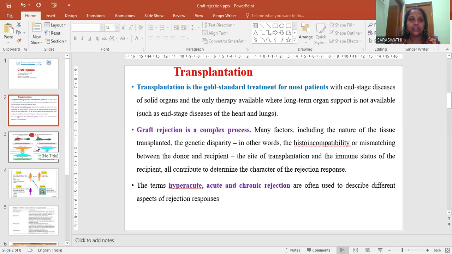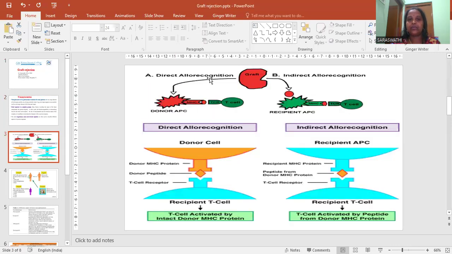This rejection will start either in the form of direct allo-recognition or indirect allo-recognition. In direct allo-recognition, the donor APC with donor MHC proteins and donor peptides activates the T cells. We consider this the direct allo-recognition pathway of activation.